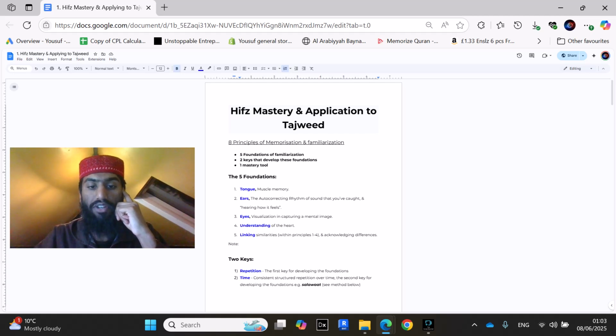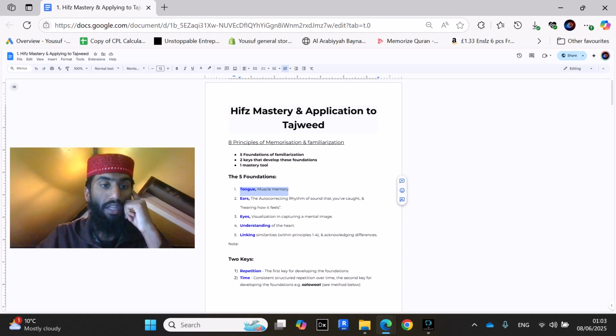Linking similarities with the differences as well, acknowledging the differences. Linking similarities can be done with these 4 principles, right? So you link the similarities in muscle memory, how things feel. You link how this feels to another feeling. It feels the same. Maybe a letter lam appears twice and you feel that it feels the same.